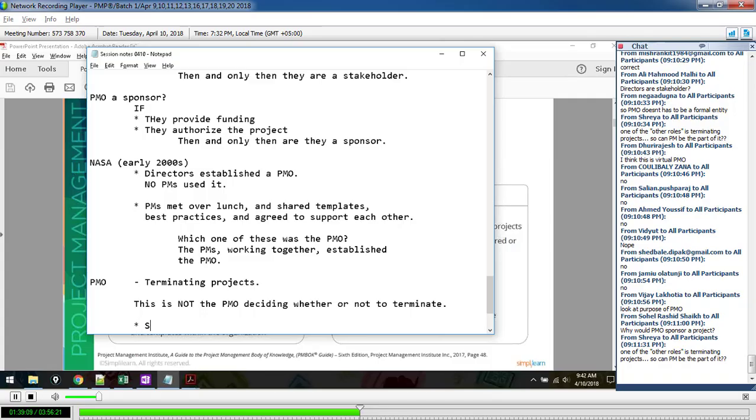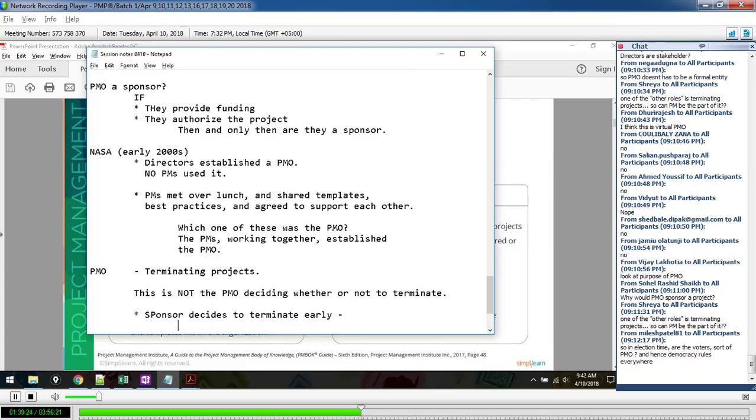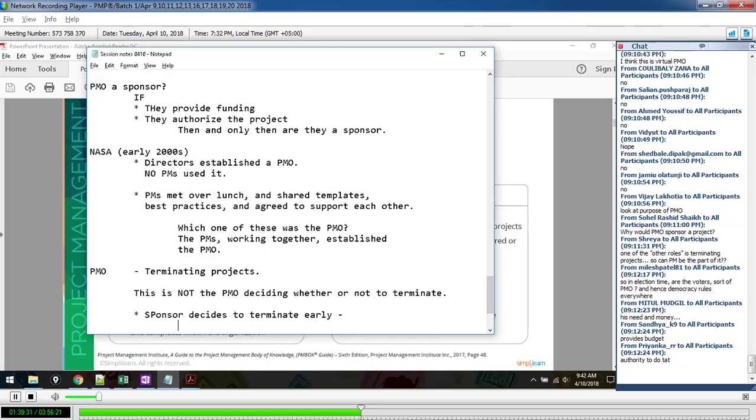First of all, the sponsor decides to terminate. Why? Why is it the sponsor's right to terminate early? Why is it the sponsor's right to terminate early, everyone? Money.